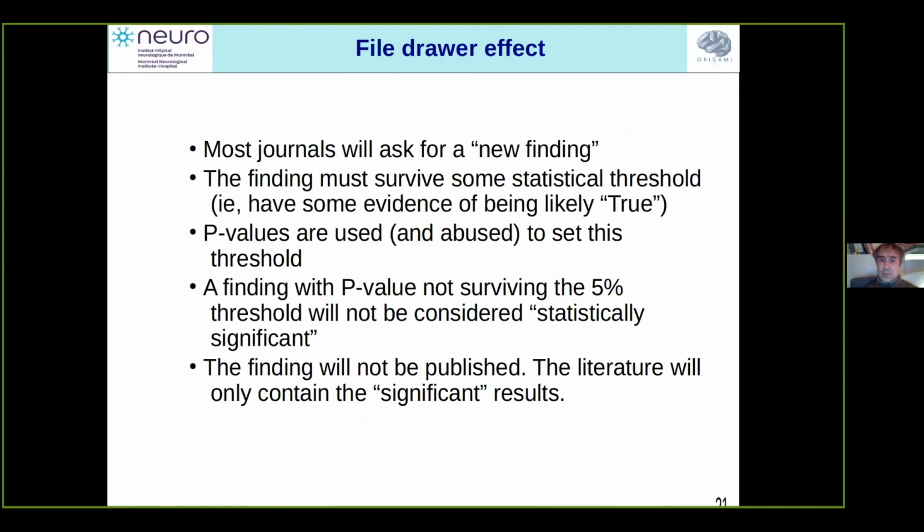The file drawer effect is really promoted by the academic incentive to publish and by the journals asking you to have statistically significant results, and therefore it can lead to p-hacking. But if you don't p-hack, you may still have a lot of file drawer effect, because the journal won't accept the non-significant results, most of the time.